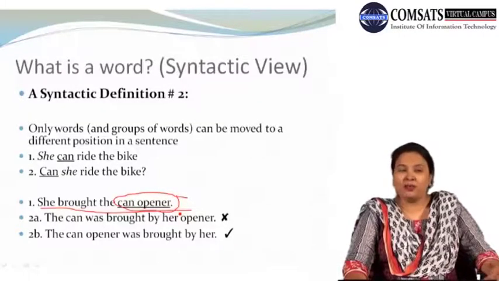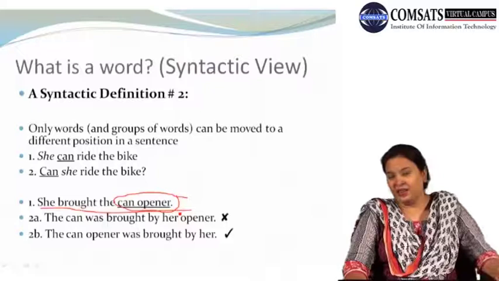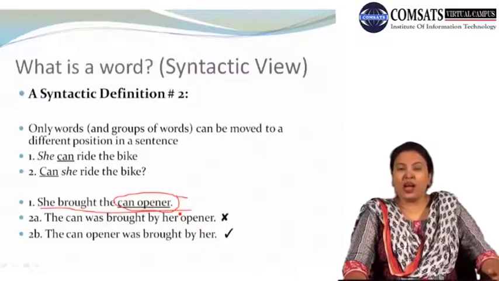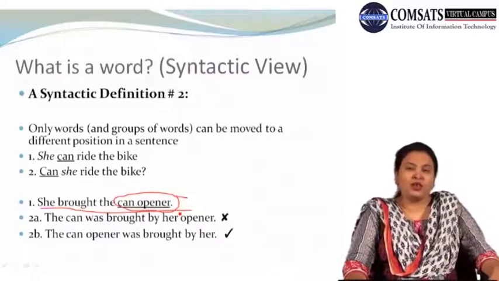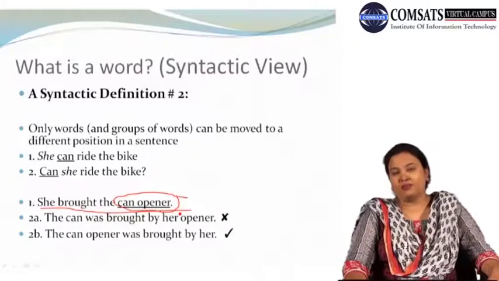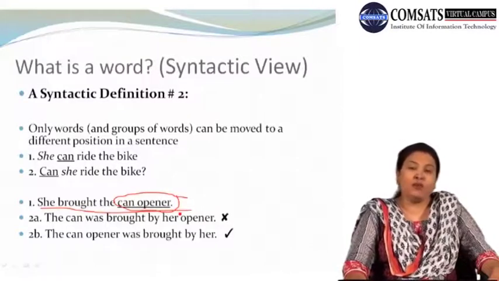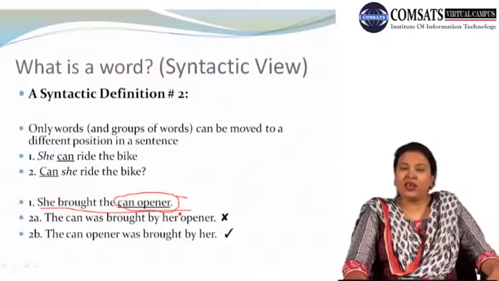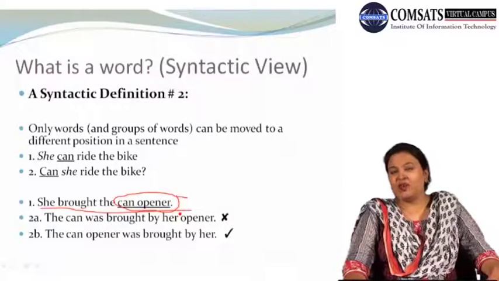Yes, a can, something in which we store something, a can made of iron, or can is a verb, an auxiliary verb. So I have meanings for the word can. Similarly, I have meanings for the word opener as well: something which can open. So according to the semantic perspective, again can and opener are two different words. Again, the definition is not working. So these previous definitions were not working.